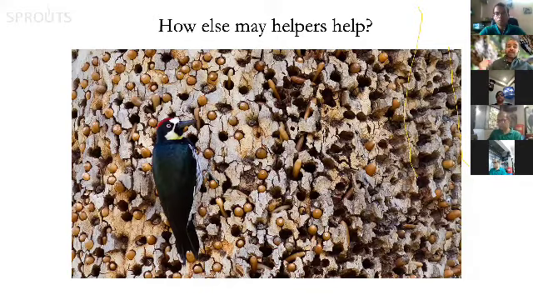Just like we have godowns of food, they have godowns of food as well. And each of those holes that you can see is filled with an individual acorn, and each of those holes takes about 30 minutes to make.